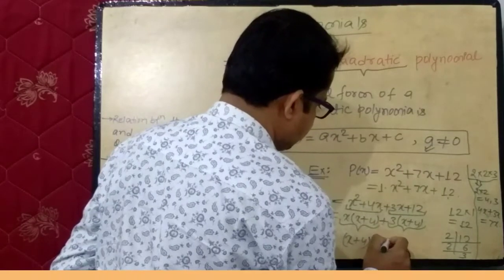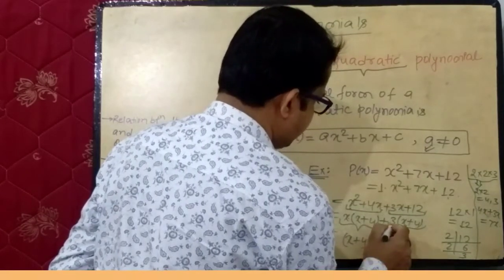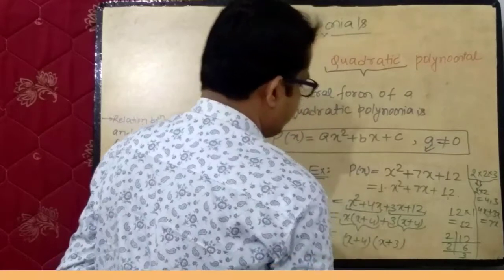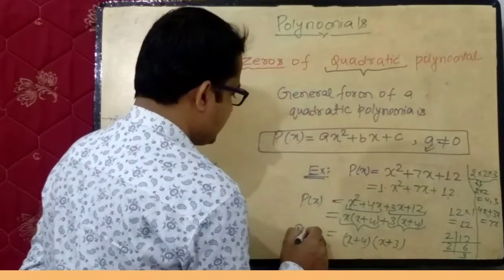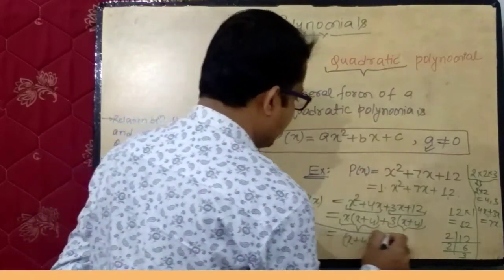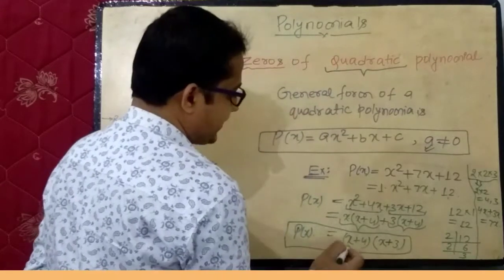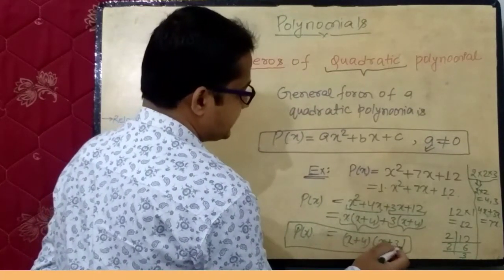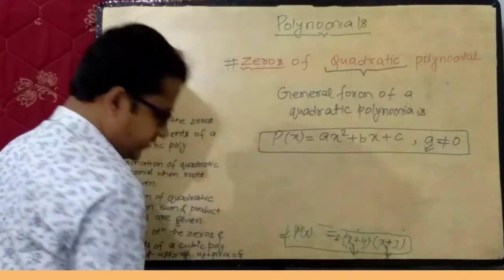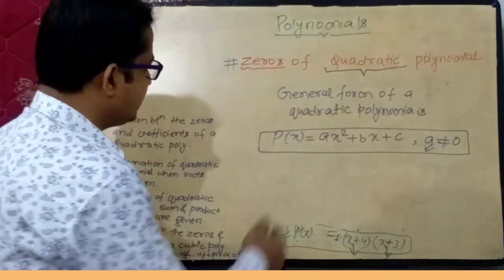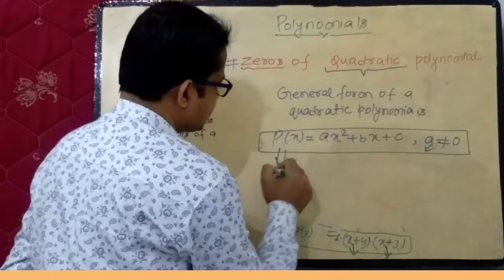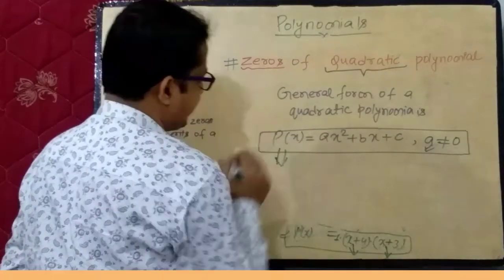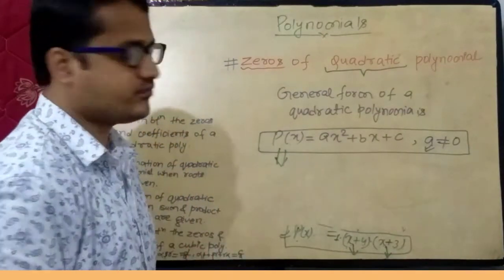Sign is positive, so write positive sign here, and here 3 will remain. So we can write this polynomial in factors x add up 4 into x add up 3.